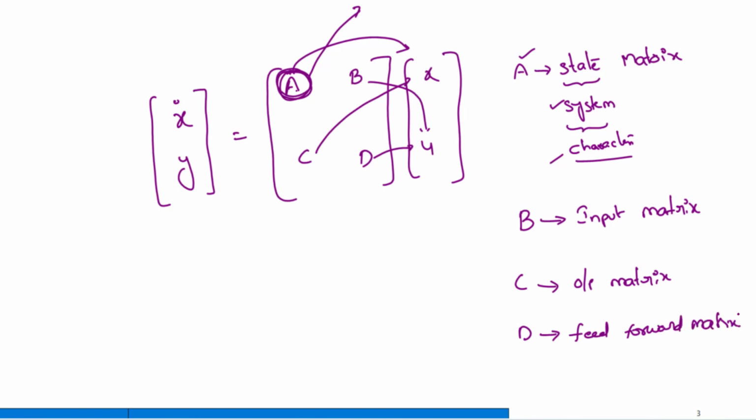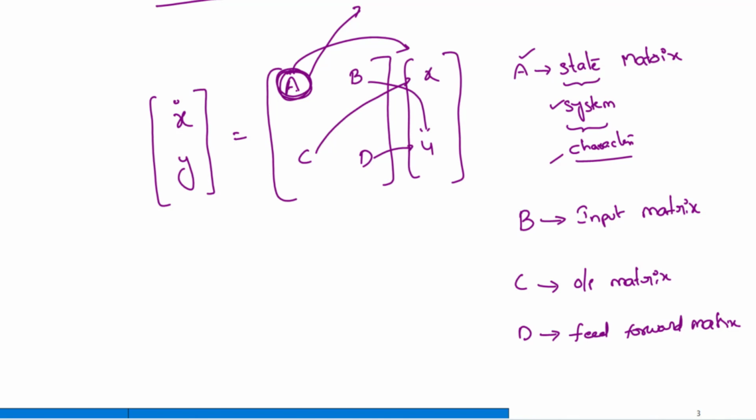Now let us see how we are going to represent this. The important thing is x dot is equal to ax plus bu. This equation is called the state equation. y is equal to cx plus du is called the output equation.